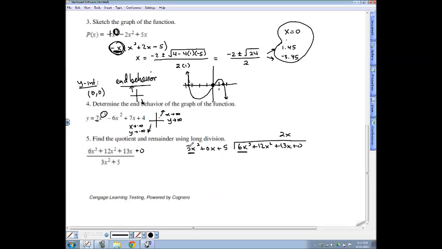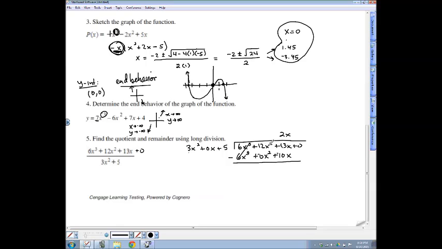So 2x multiplied by 3x squared is 6x cubed. You also have to multiply the 2x throughout this divisor polynomial. So 2x times 0x is 0x squared, and 2x times 5 is 10x. The phrase I like to use is draw the line, change the signs, change all the signs.